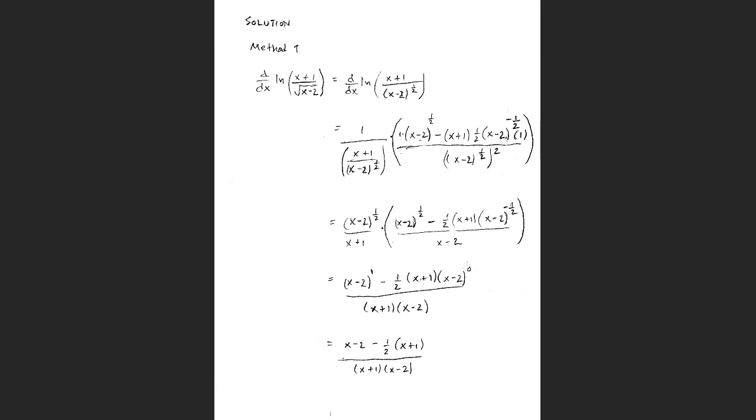And we remember, as we just showed, that the derivative of the natural log of x with respect to x is simply 1 over x.